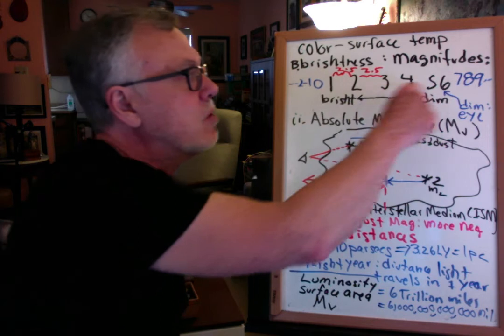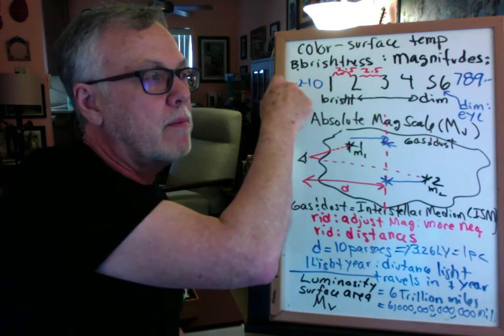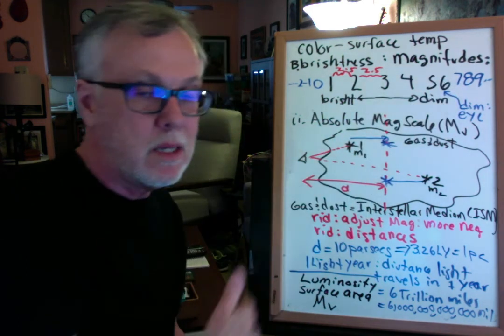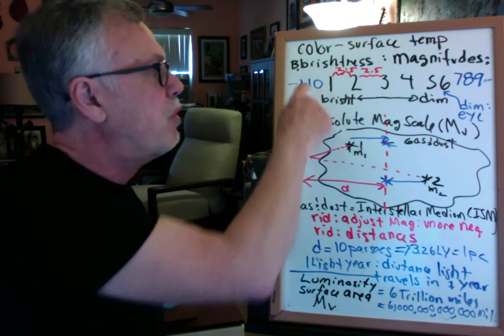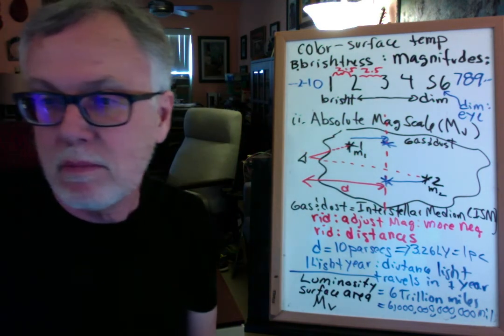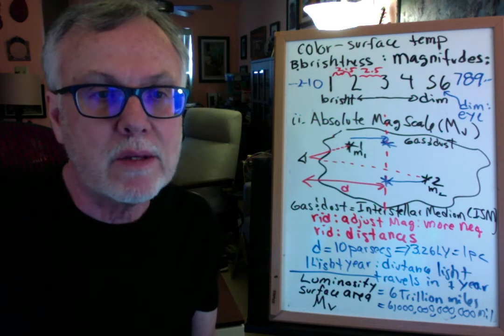We've expanded their system to include dimmer objects that we can't see with our naked eye but can see with telescopes, and to bring in bright objects that we did not originally include. And so we've expanded the scale.